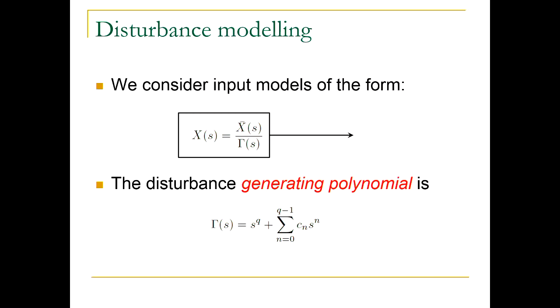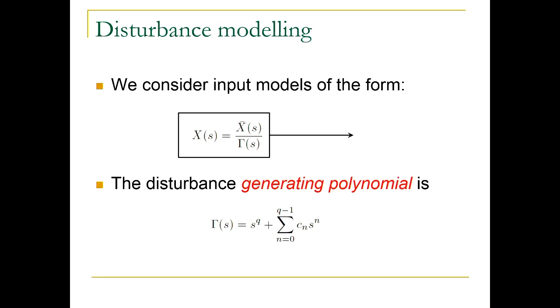Note that the poles of this transfer function are zeros of the generating polynomial, and typically we pick those to generate different classes of disturbances or references. For the integrator, gamma was just s. When we were talking about step disturbances, the generating polynomial was just s.